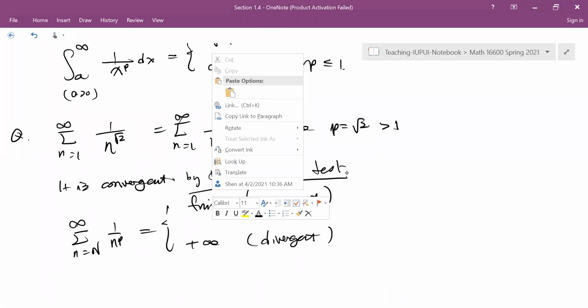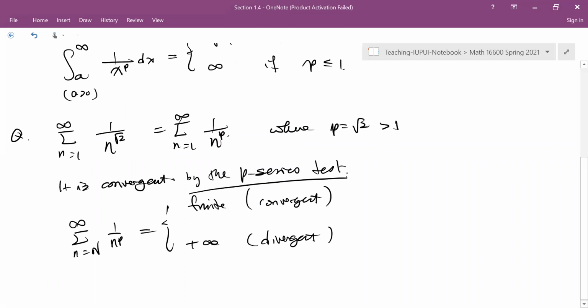You are the lawyer. You have to give evidence to show why this guy is guilty or not guilty. So if you put a statement without any explanation, you will not get full credit.